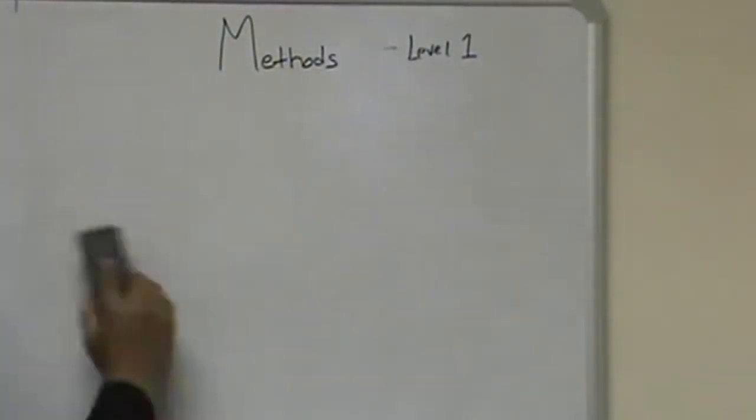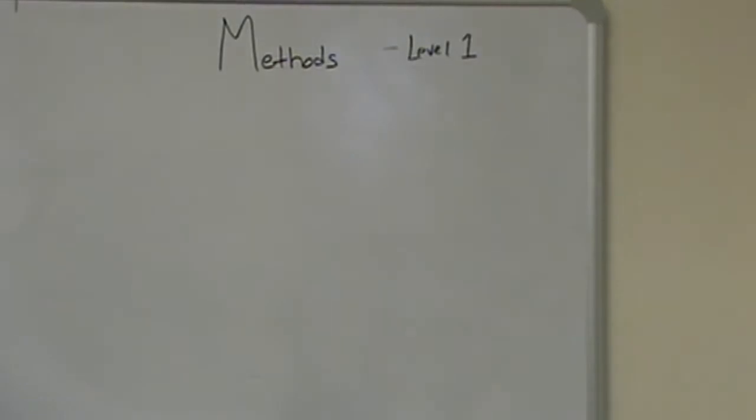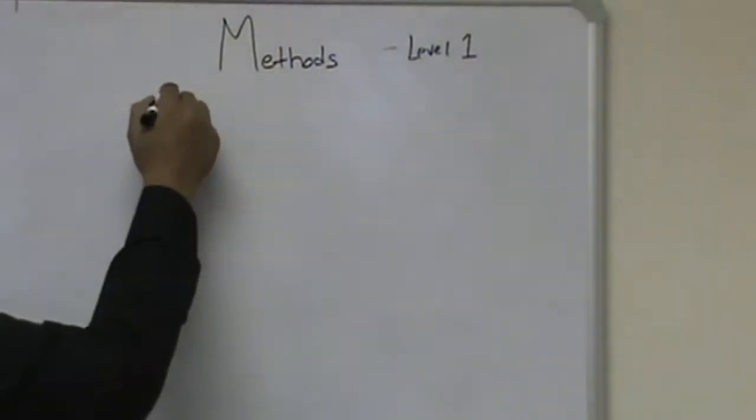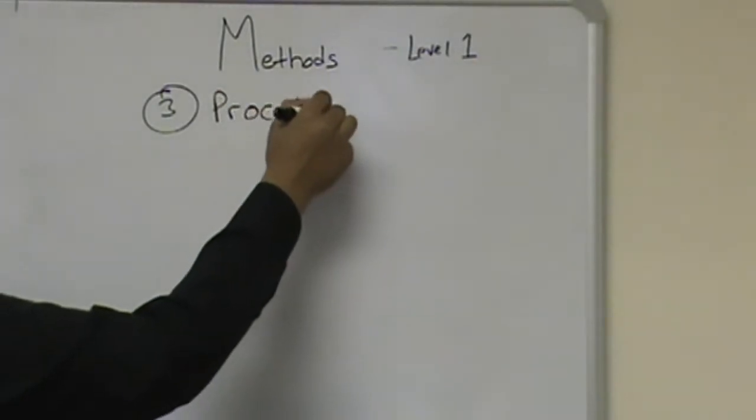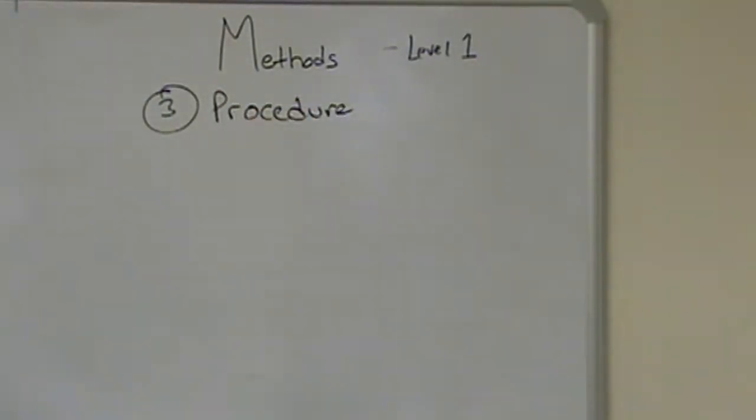Okay, the last part that I want you to write in your method section is the procedure. One thing that I have noticed is that this section so far, from what I've read, seems to be a little under-detailed.